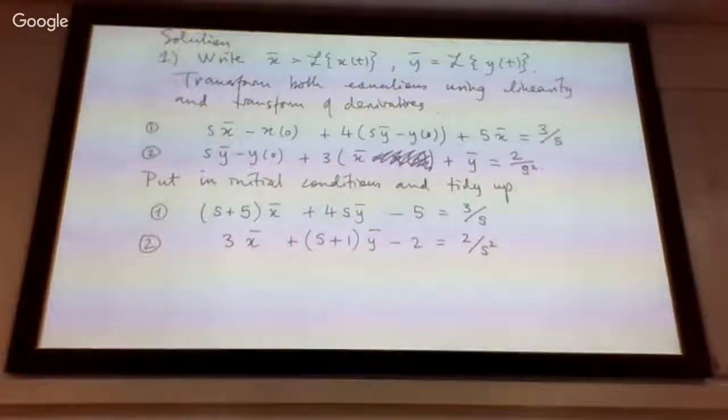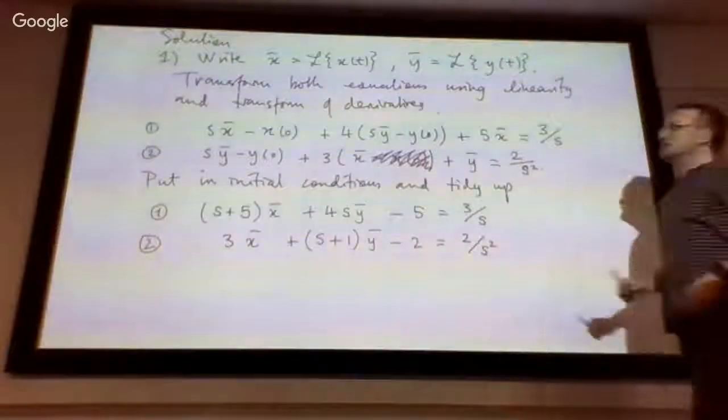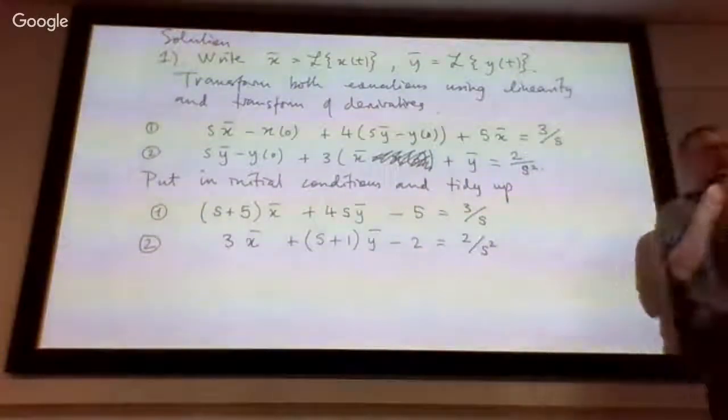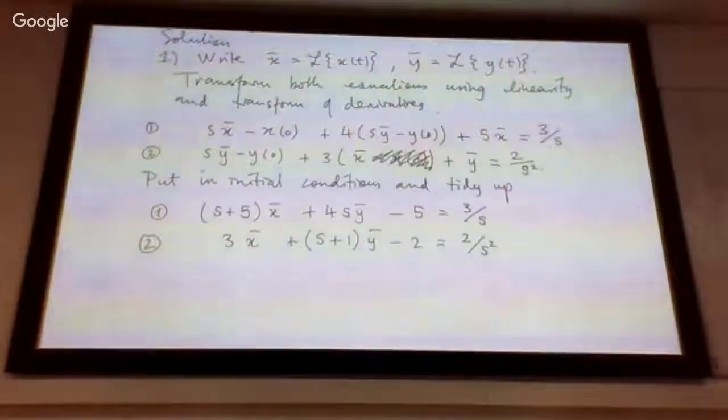They are structurally, conceptually simpler, I think, than the original pair of ODEs. In the original pair of ODEs, we had the two unknown quantities x and y and their derivatives. And there's no immediate, easy way to reconcile a function and its derivative. They can have all sorts of different behavior.